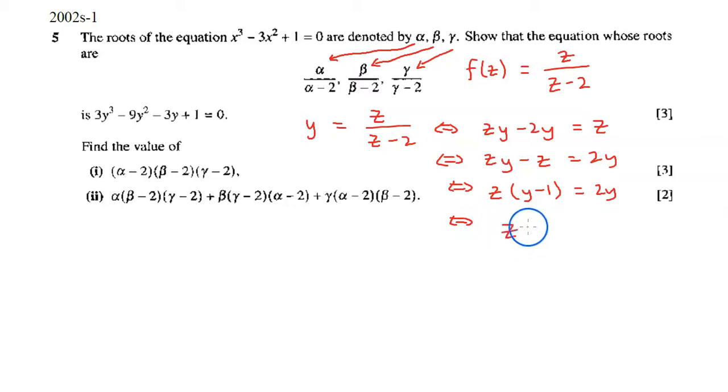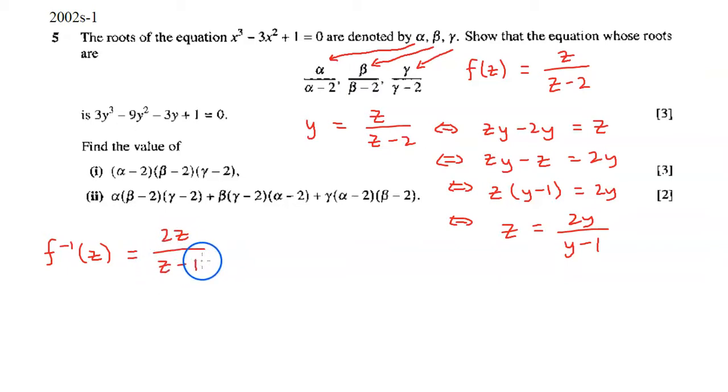And so z equals 2y divided by y minus 1. So if that's our function which takes the roots to these values, we know that f inverse of z is equal to 2z divided by z minus 1.